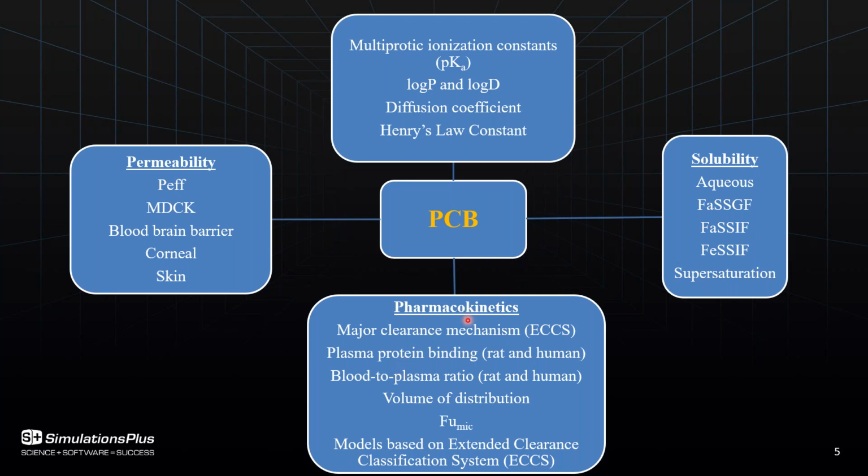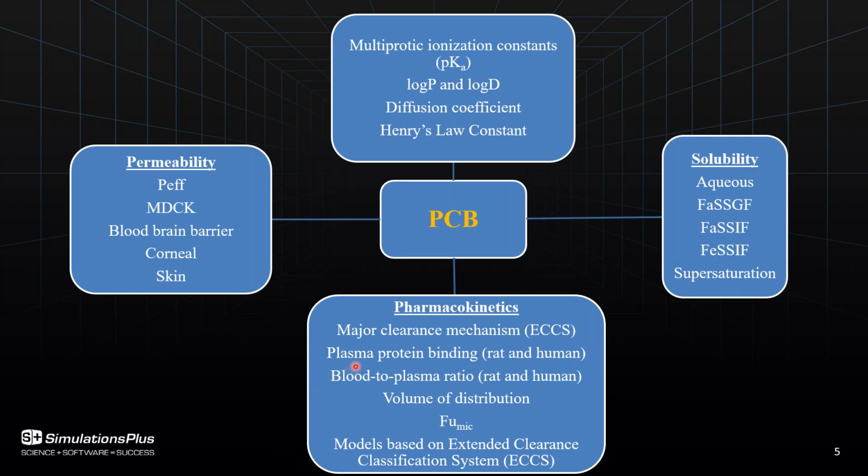We also have some pharmacokinetic models, such as the major clearance mechanism, which is known as the extended clearance classification system. This came out of a publication by Pfizer that looks at molecular weight, whether the molecule is neutral, acidic, basic, or Zwitterion, and it also looks at the permeability to classify the molecules into 6 classes. And in the end, they're trying to predict if the major clearance pathway is via renal, or excuse me, hepatic uptake, or metabolism.